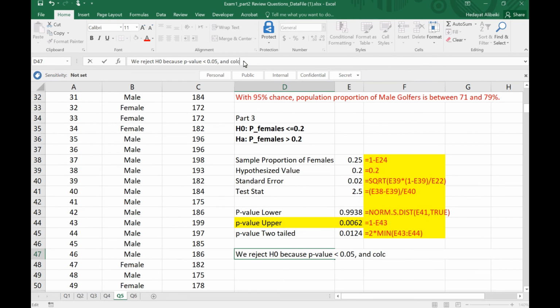I conclude that P of female would be greater than 20%.